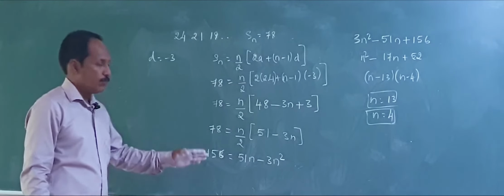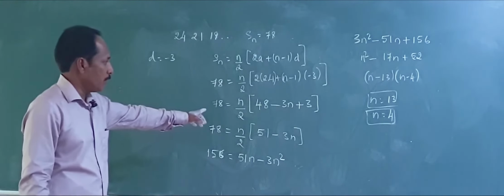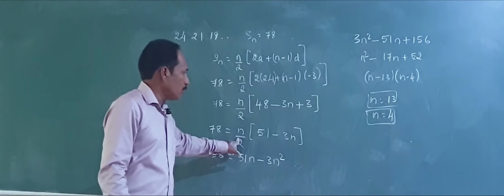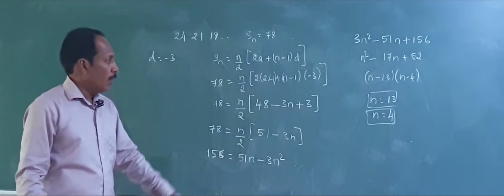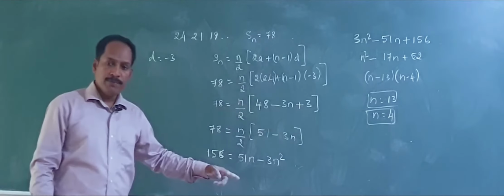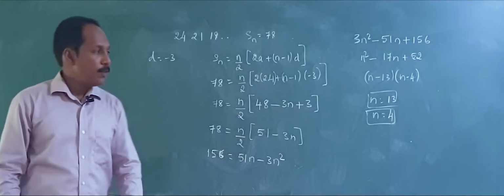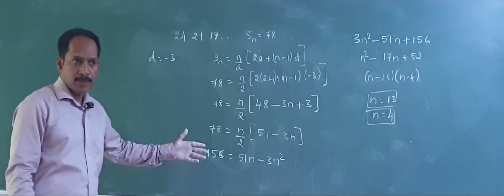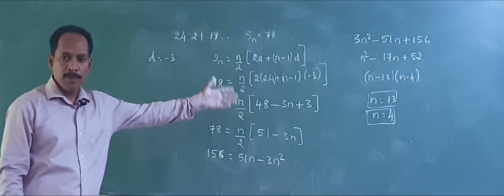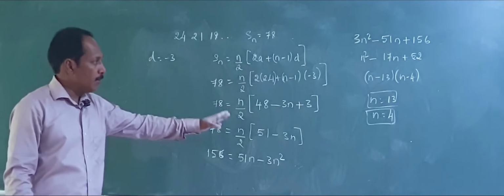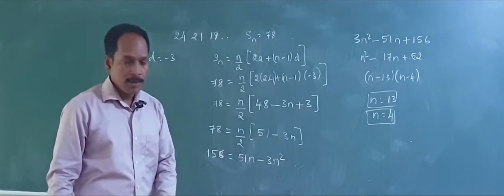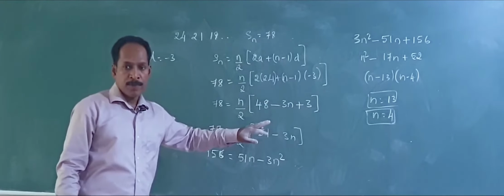So n equal to 4 is also valid: the first 4 terms, and the remaining terms, from the fifth to the last, will be 0 in the series. That's why it is 78 plus 0, 78 plus 0, till 13 terms, so it is the same. That's why we encountered two answers. Why is it so?